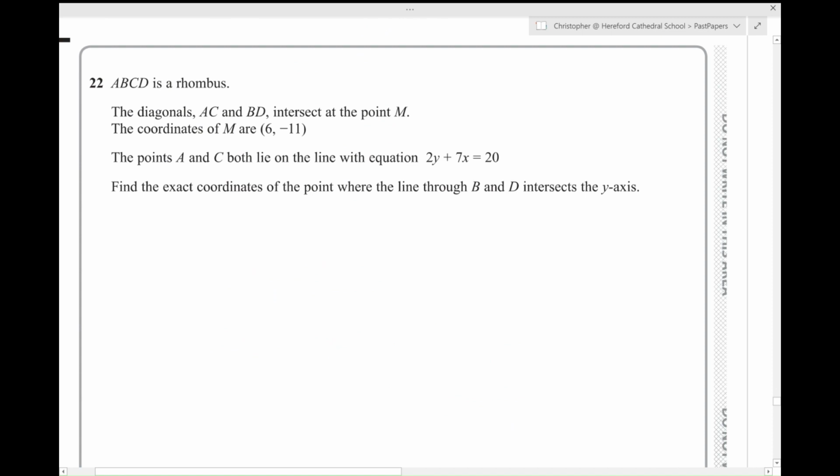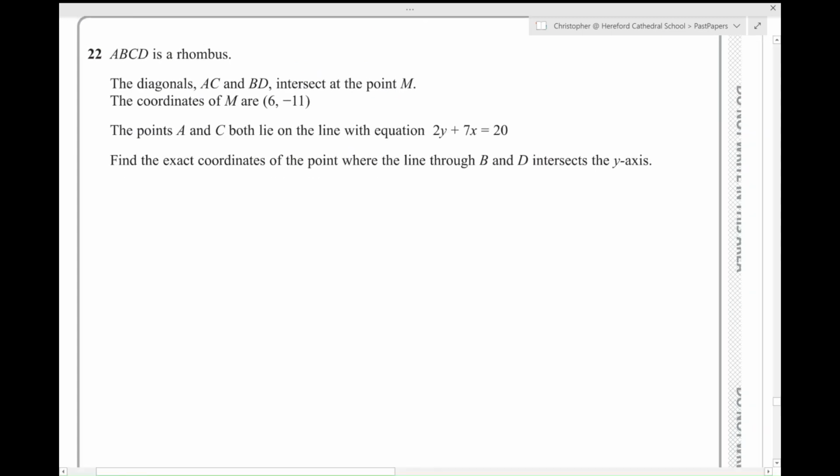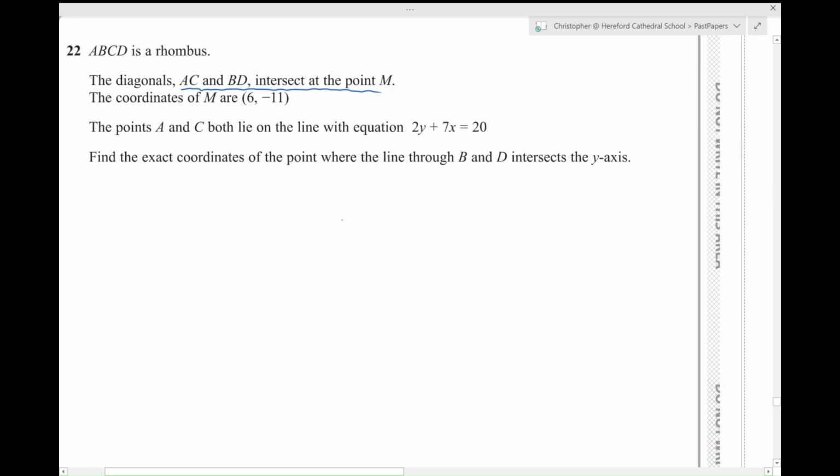Question 22, we've got a rhombus, and it tells us that diagonals intersect at a point M. The other thing I know about the diagonals of a rhombus is they cross at 90 degrees. So let's draw a rhombus so we can have a look. Well, when I say draw a rhombus, let's draw something approaching a rhombus. So we've got diagonals of AC and BD.